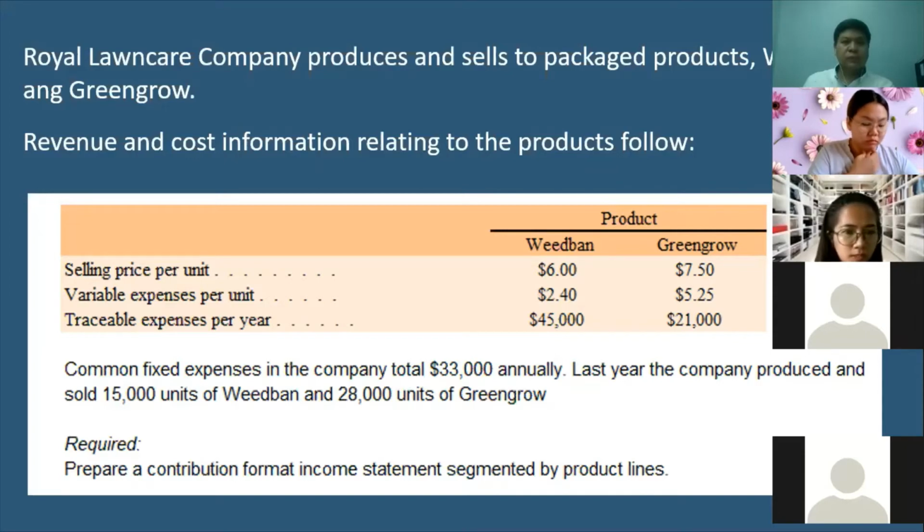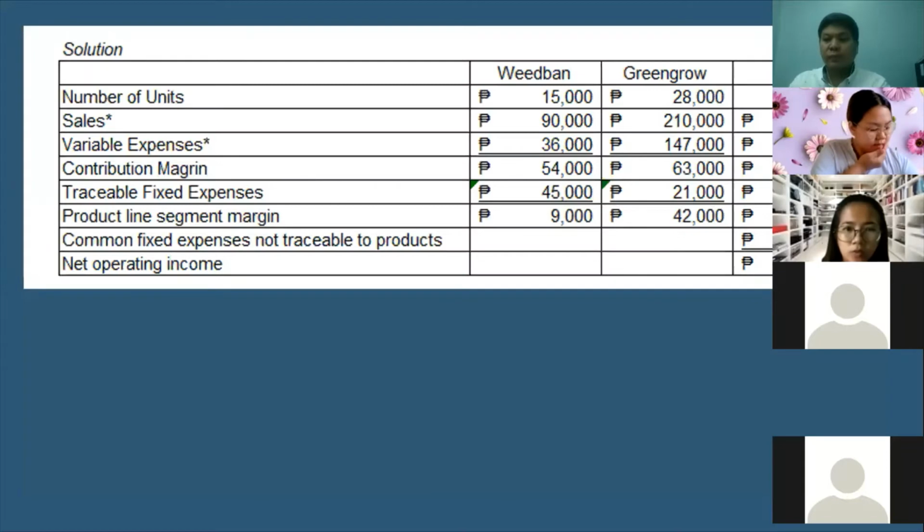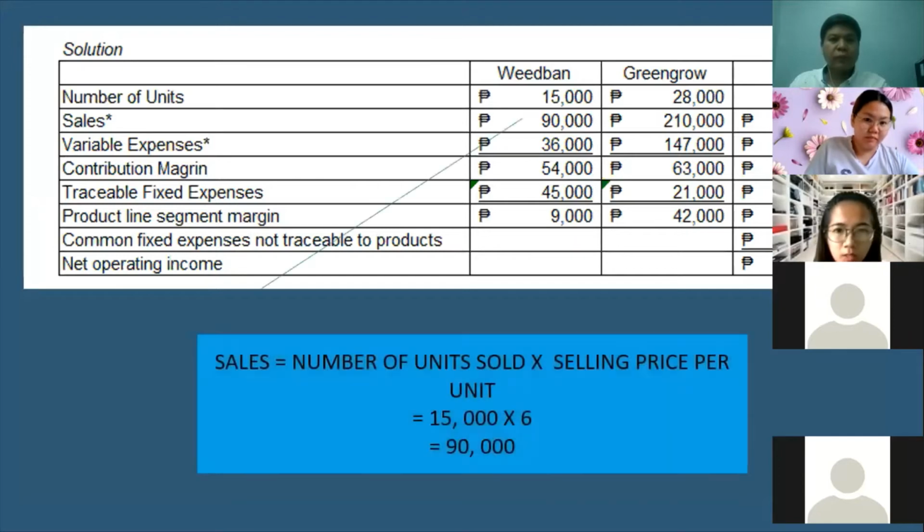So the problem is asking to prepare a contribution format income statement segmented by product line. For the next table, solutions, we can see how the sales will be computed. The first is how we can get the sales. We need the number of units sold times the selling price per unit.